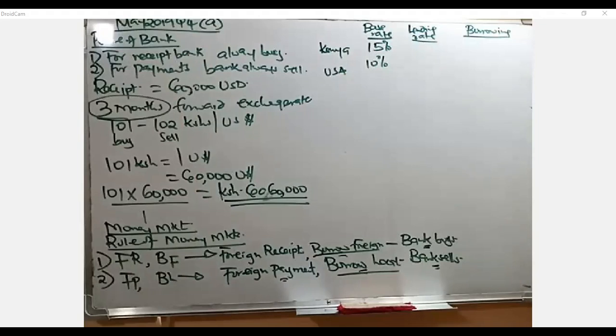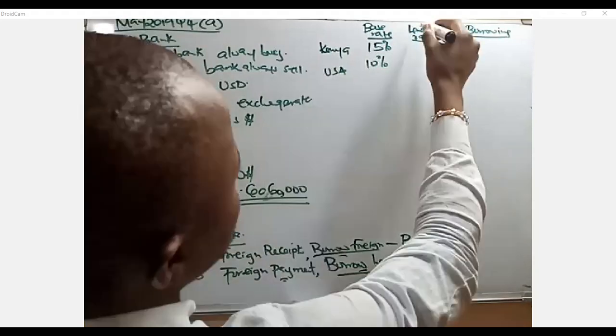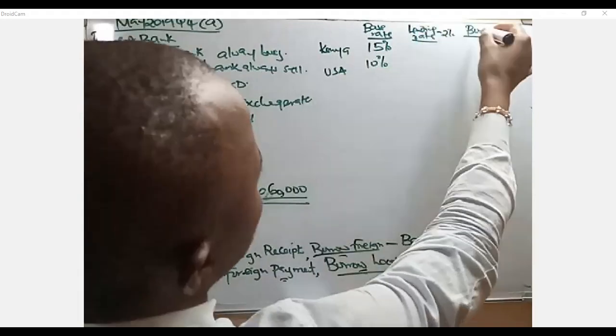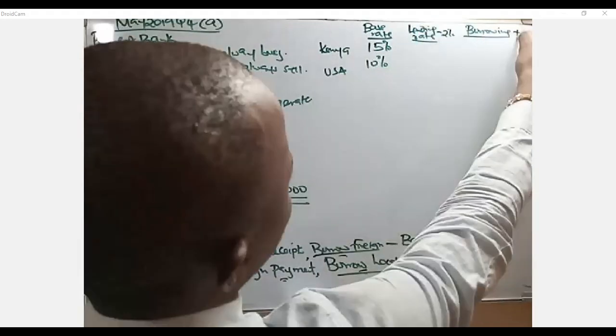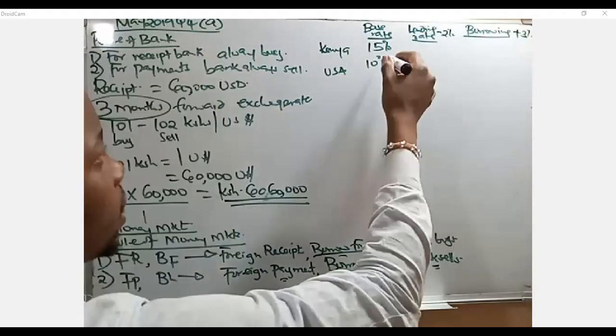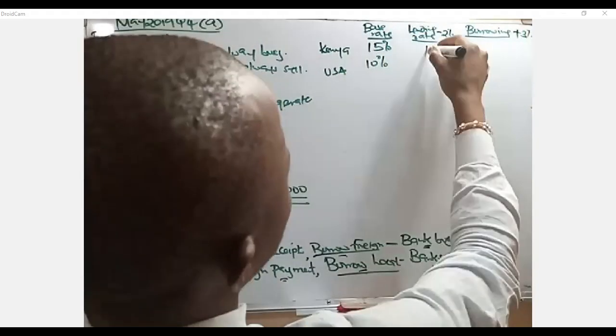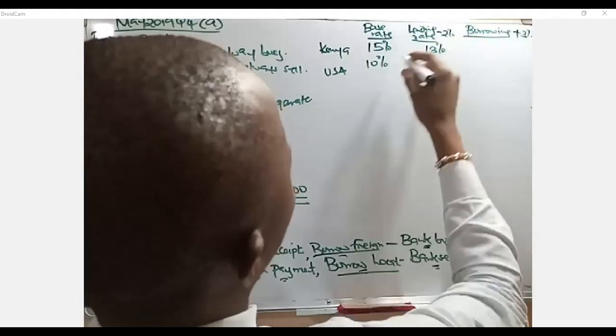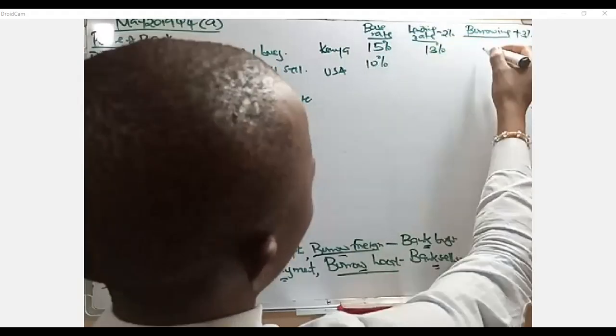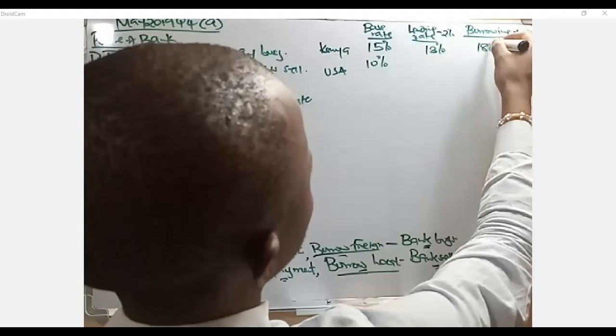But when you look at investing, the examiner is talking about 2%. There is a deduction of 2%. So in this case, just deduct 2% here. And also when you go to borrowing, you add 3% to your base rates. Now, if you take 15 minus 2, you get 13%. And if, for instance, we are borrowing, we are going to be borrowing at 18%.